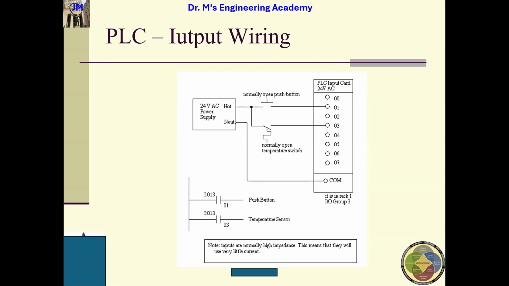We have inputs to get information from outside, and outputs to take actions, to do something. So you cannot connect the inputs directly to the outputs. You should connect the inputs with the CPU and the outputs with the CPU also.